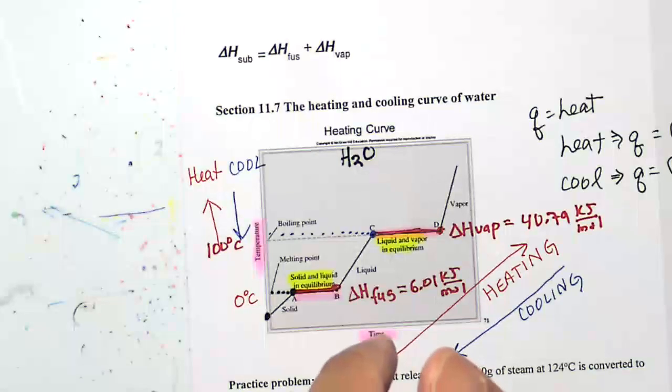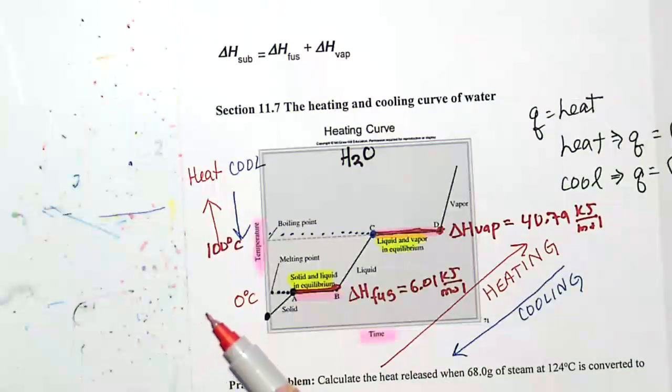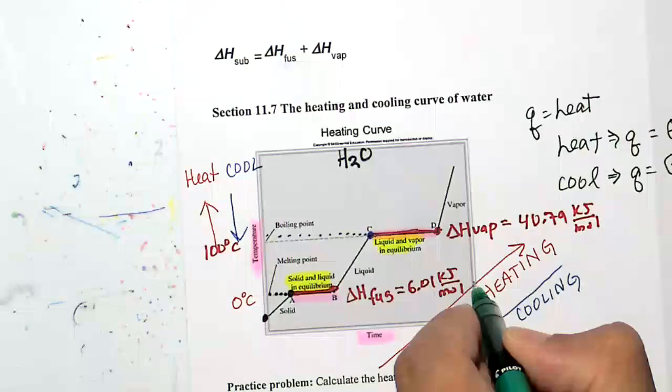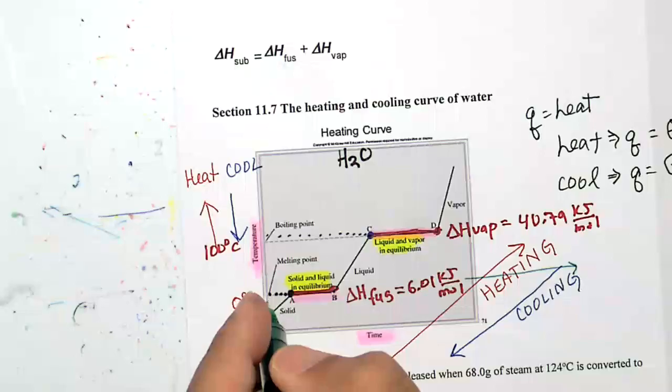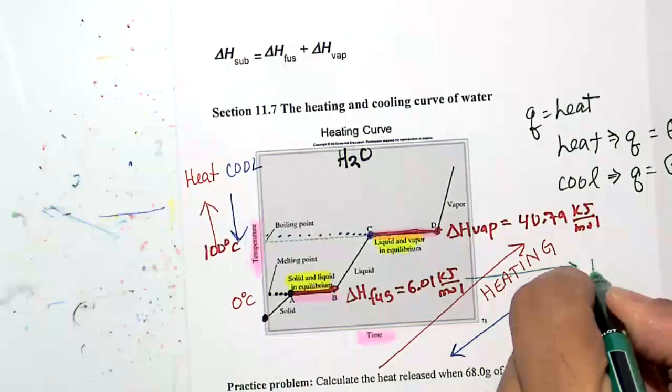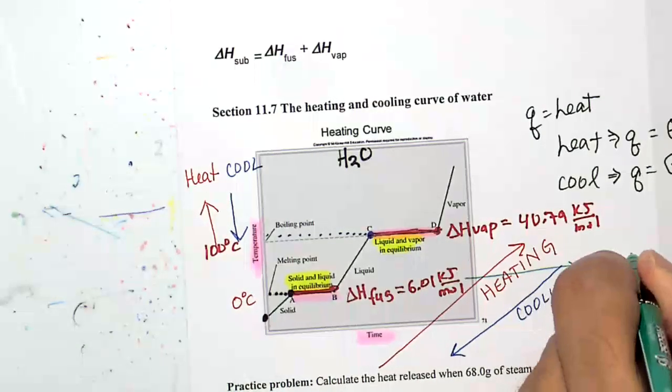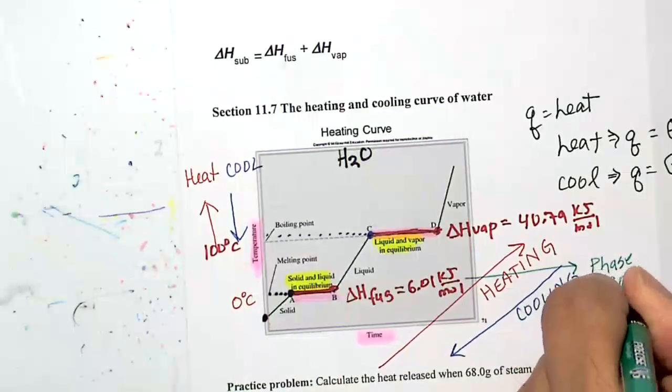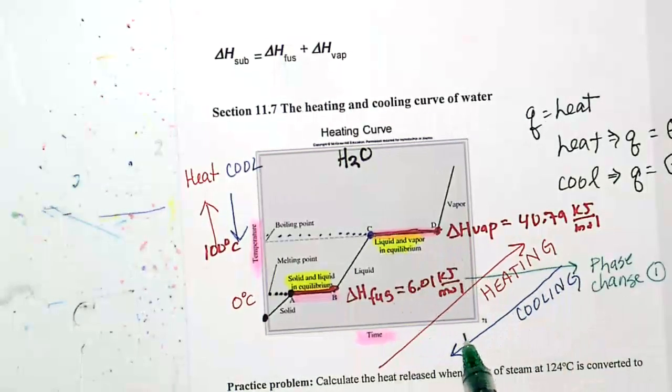So that is when you heat. To heat water, you have to overcome two phase changes. To cool water, you have to overcome two phase changes. We have phase change 1, getting the solid and converting it all the way to liquid if you're heating. For that, we must overcome about 6 kilojoules per mole.